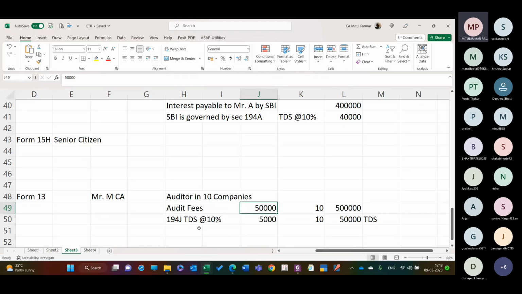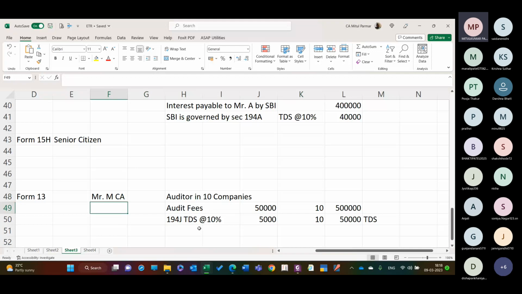Still, in case of Mr. M, he is not required to pay tax on that 5 lakh rupees, because up to 2.5 lakh there is no tax, even in the old regime, and from 2.5 lakh to 5 lakhs it is 5%, but the rebate is available. So there is no tax. This entire 50,000 will be refunded when Mr. M files the return of income.